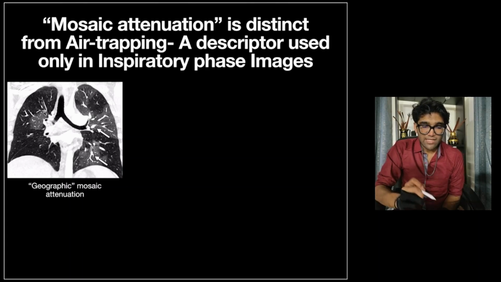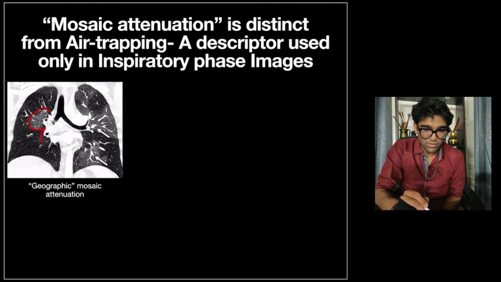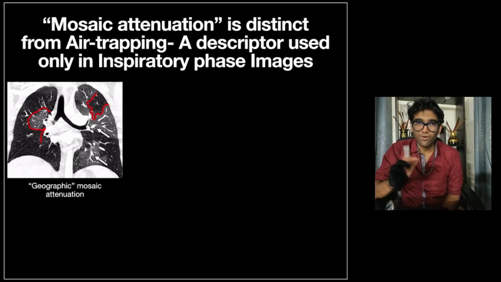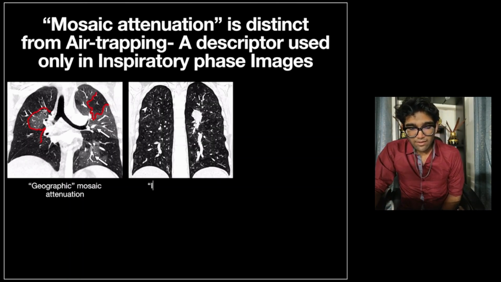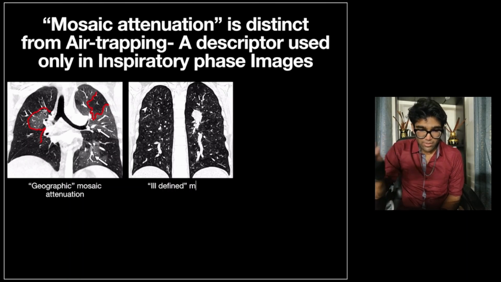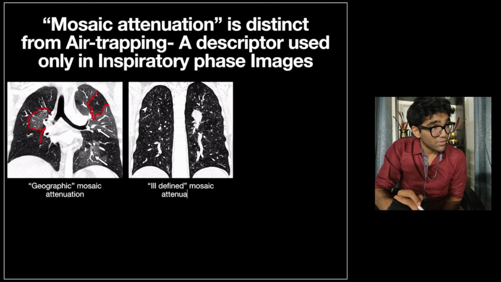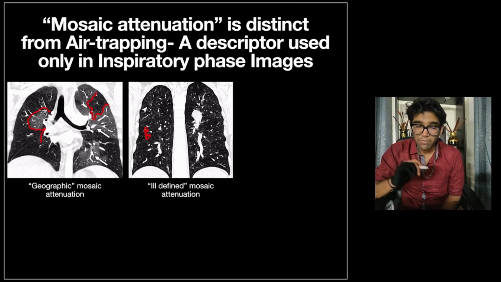Even in an inspiratory CT, you can see there are areas of increased attenuation, and surrounding them there is an area of decreased attenuation. Notably, see the borders, they are very sharply demarcated geographic borders. Looks like the borders of a country. Similarly, this is another condition in which you see areas of intervening increased attenuation, I hope it is visible, but I can't really sketch them out.